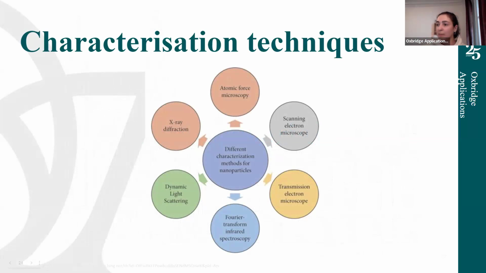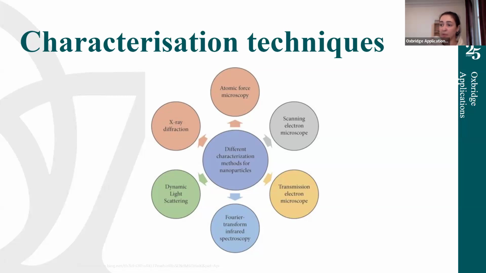So we've already mentioned the scanning electron microscope. That was quite revolutionary in the development and characterization of nanomaterials and nanotechnologies. These are some other examples of characterization techniques that we have now to study, to synthesize, to characterize nanomaterials.